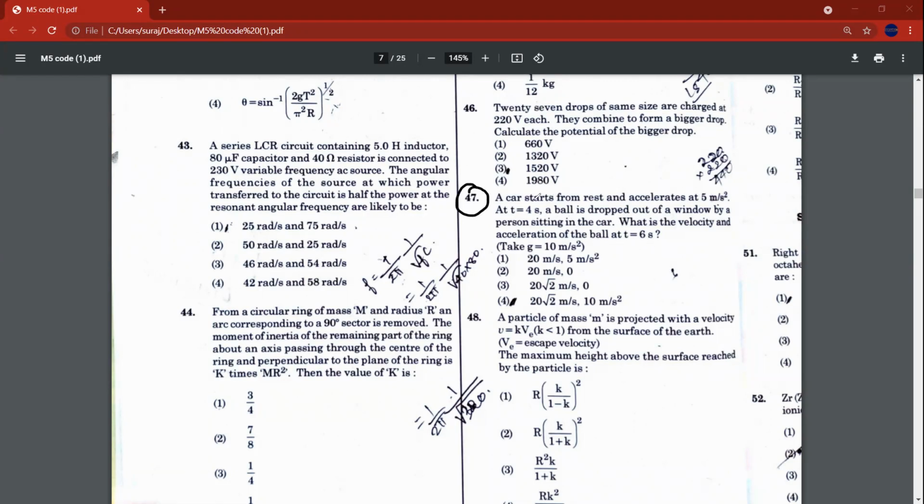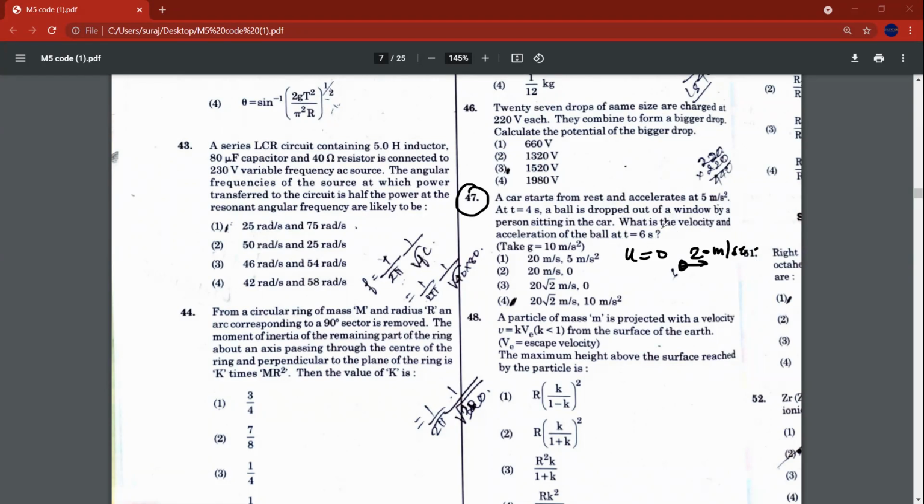47. What I need to find? Car starts from rest, u equal to 0, and accelerates at 5 meter per second squared. So v will be how much? The horizontal velocity that the ball will gain, right? v is equal to u plus at. 5 into 4, 20 meter per second is the horizontal velocity. Fine.